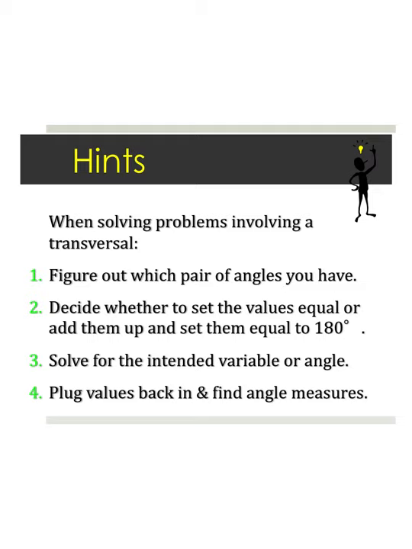Then you need to decide whether to set the values equal to each other or add them up and equal them to 180. Again, that's going to vary. You're going to solve for the intended variable or angle, and then make sure you answer the actual question. Just because you solve for the variable doesn't mean you're done. Sometimes they want you to find the measure of an angle or whatnot. So double check and make sure you plug the values back in and find angle measures.